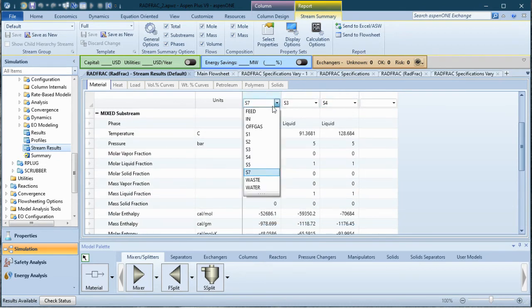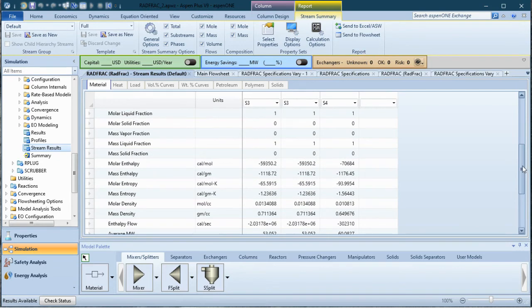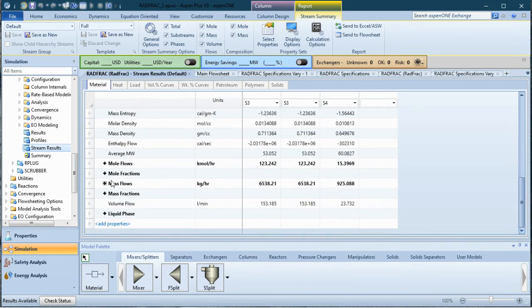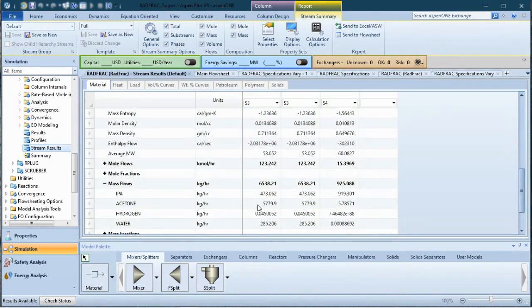Stream number 3 actually. So this is the result. This is in kilogram per hour. You just convert it into ton per year. So we got 50,000. It achieved our desired product that we need.